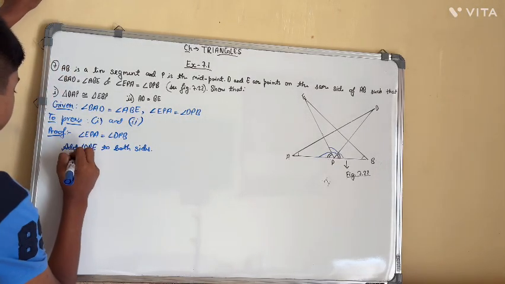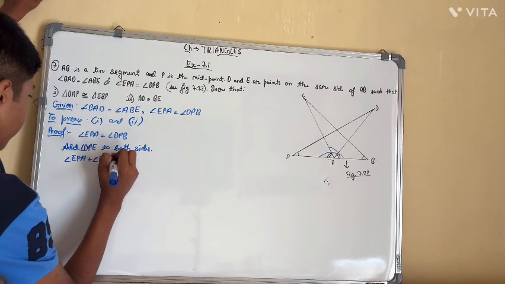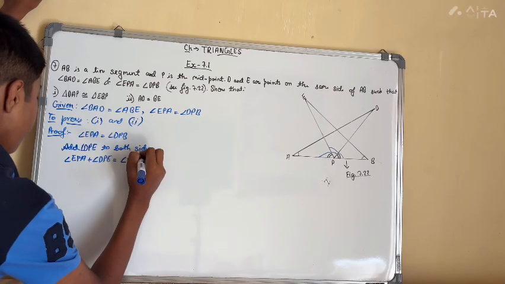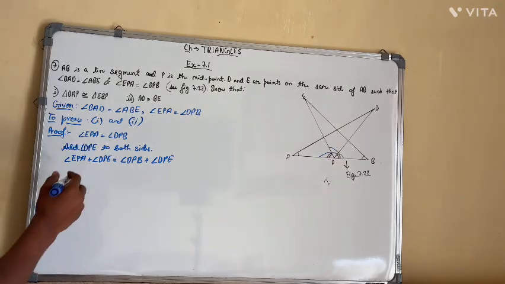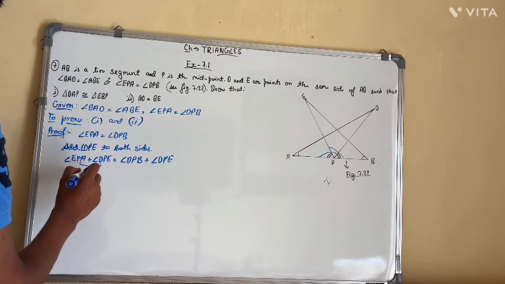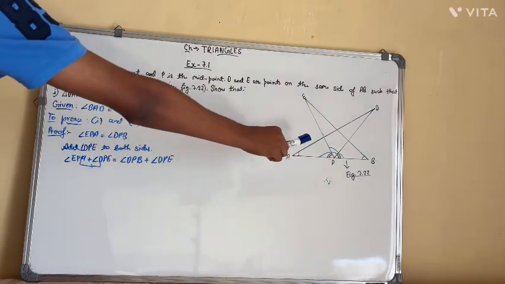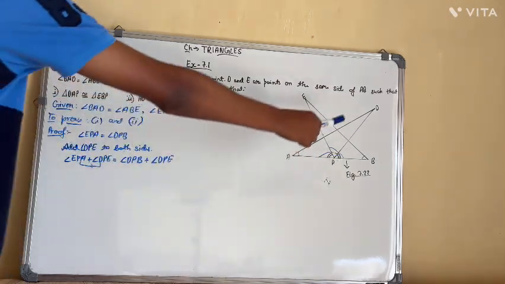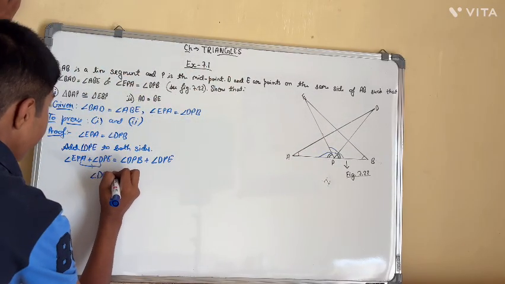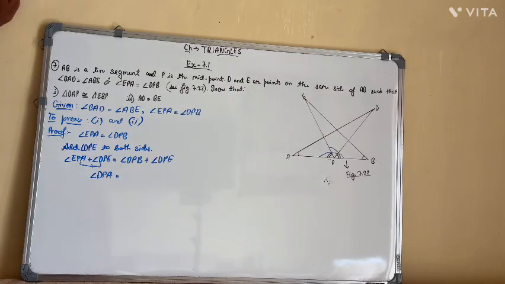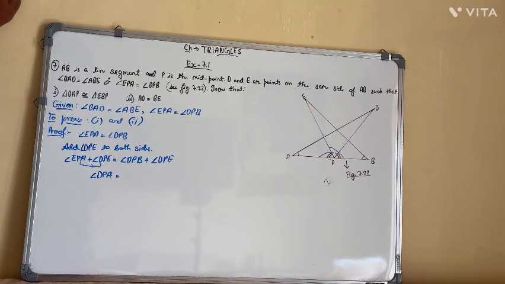Okay, so angle EPA plus angle DPE is equal to angle DPB plus angle DPE. So see, angle EPA plus DPE, this will be the full angle DPA. So it will be angle DPA is equal to angle EPB, here fully EPB.